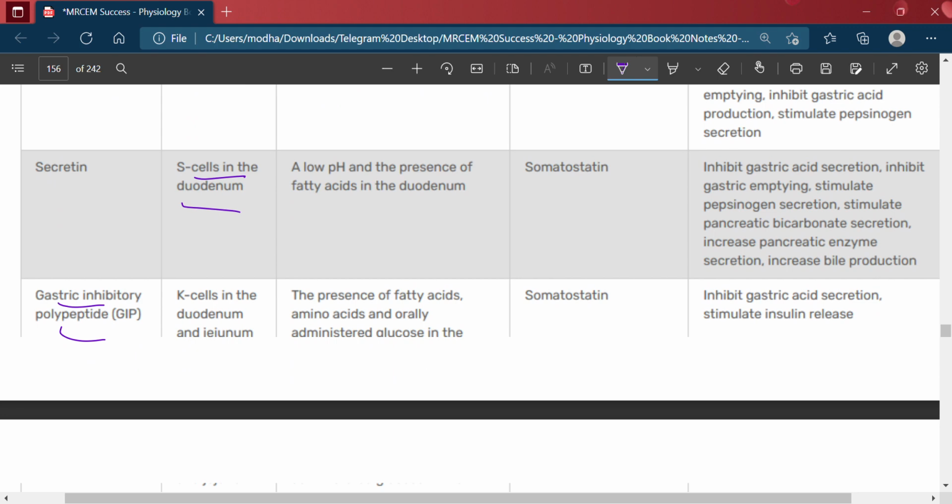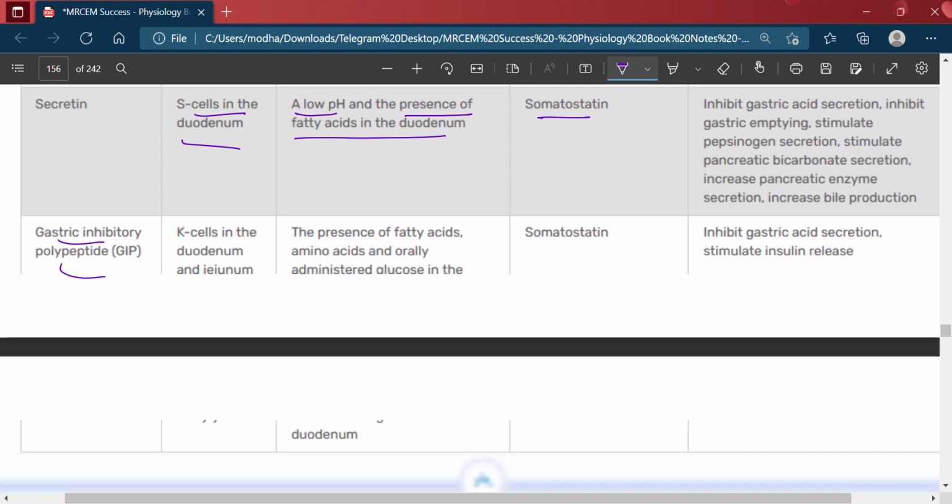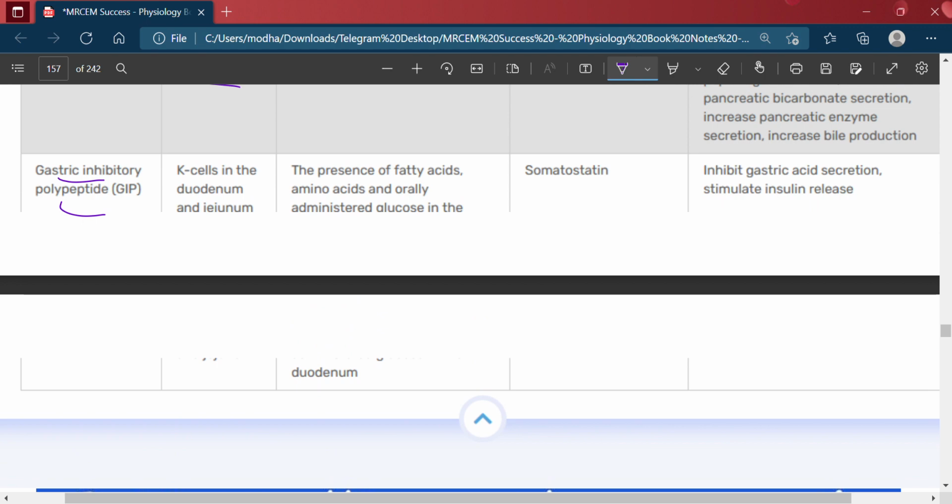Its stimulation occurs when the pH is low, meaning there is an acidic medium, and with the presence of fatty acids in the duodenum, and it's inhibited by somatostatin. This all we have seen earlier, and the last one is the gastric inhibitory peptide.